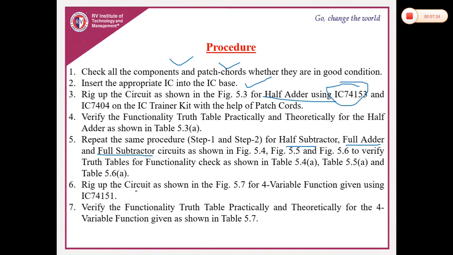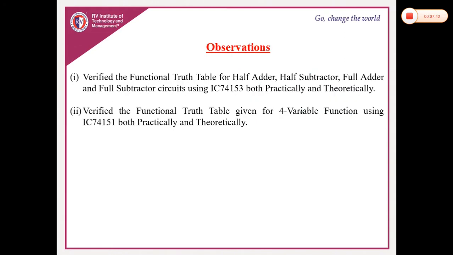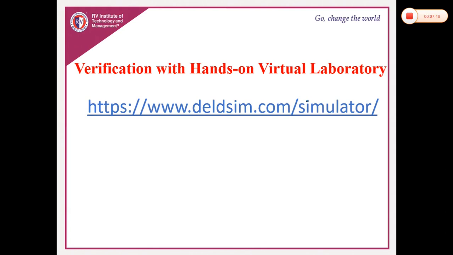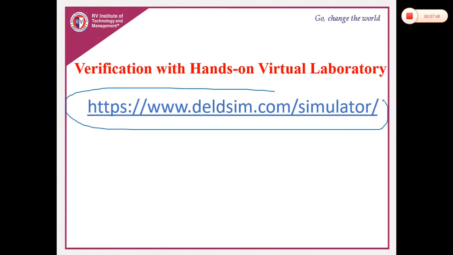Then you go for the 4 variable function using the 8:1 multiplexer IC, that is IC 74151. Then you observe all the truth tables, verify the functionality table and write the result. You can even do this implementation in software using the website link. You also have to repeat the hardware implementation.